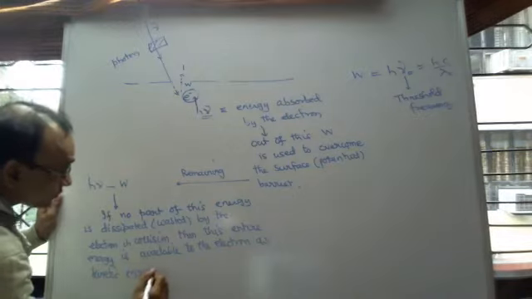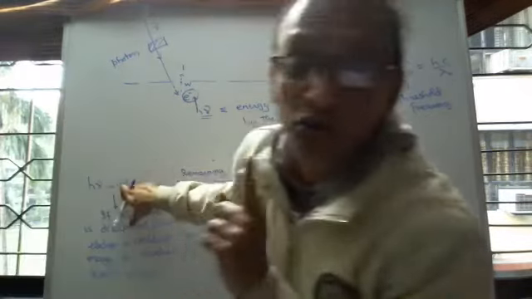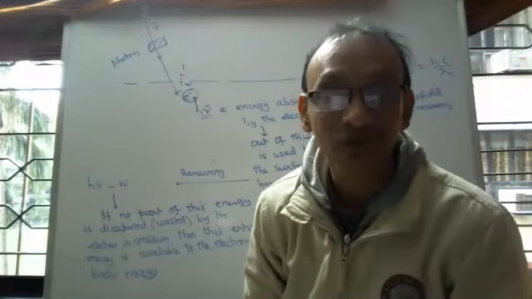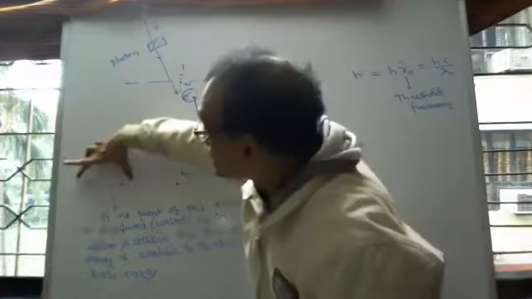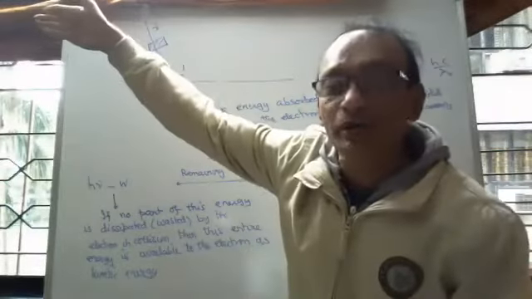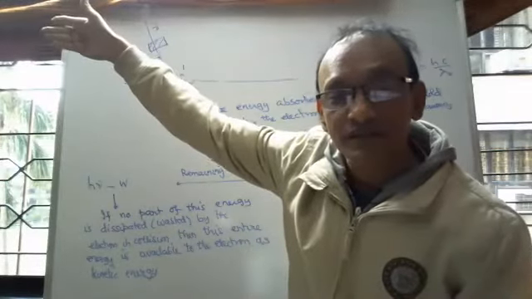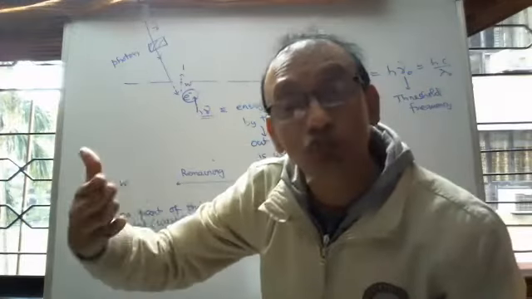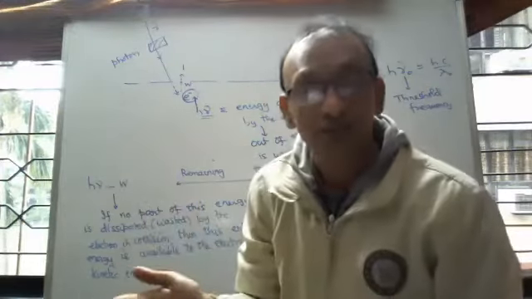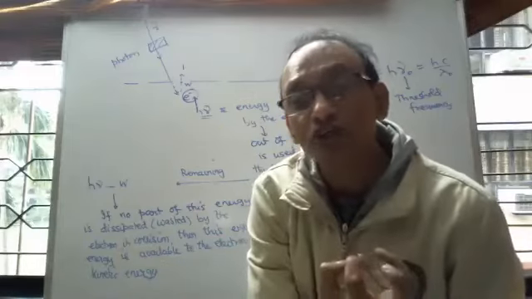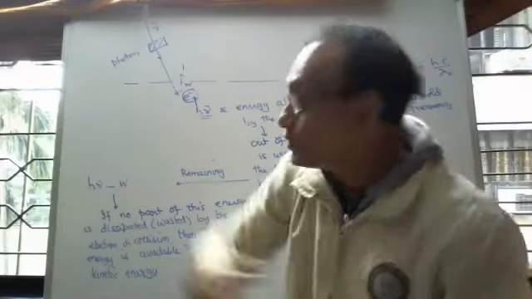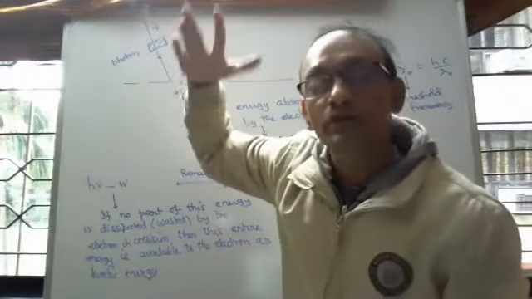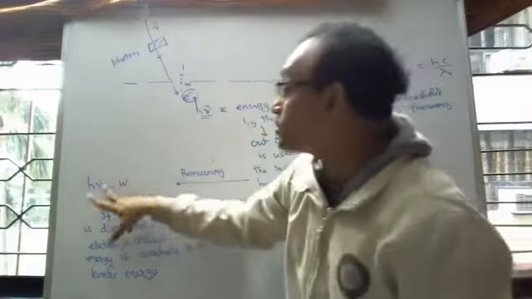But this can be the maximum possible value of kinetic energy that an electron can have when it comes out, because not all of this energy is available as kinetic energy when it escapes the surface. Some part of this energy for some electrons will get consumed in collisions. But the smartest and most efficient electron makes all the energy available as kinetic energy when it comes out. So this is the max.